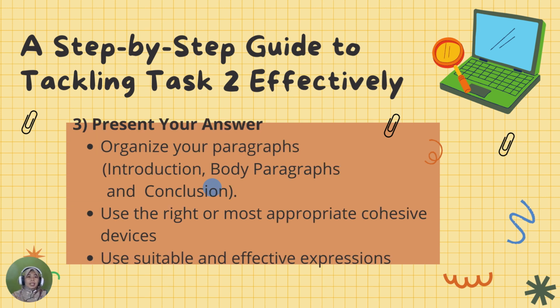Next, once you have your keywords and ideas to write, it's time for you to organize your paragraphs. Your essay should have an introduction, body paragraphs and a conclusion. Your introduction should have a thesis statement and a few things inside.